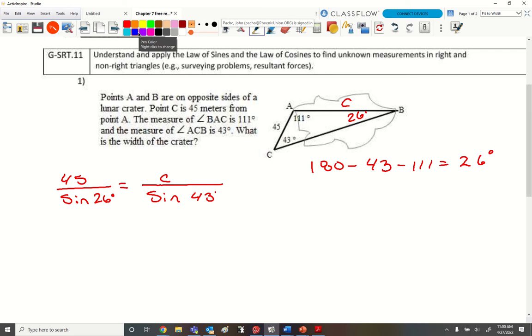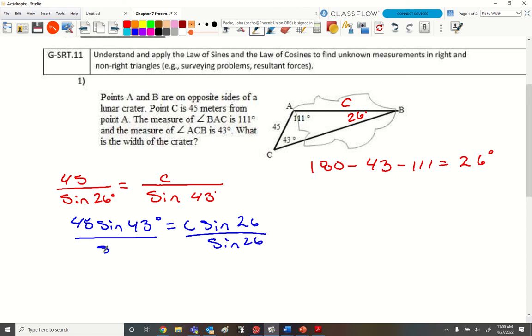Right here, cross products is going to be 45 sine of 43 degrees is equal to c times the sine of 26. Divide both sides by sine 26. And then these cross out. So I got c by itself.